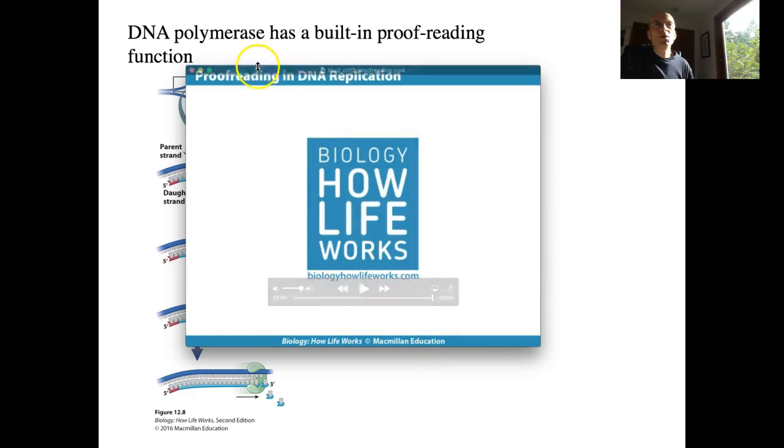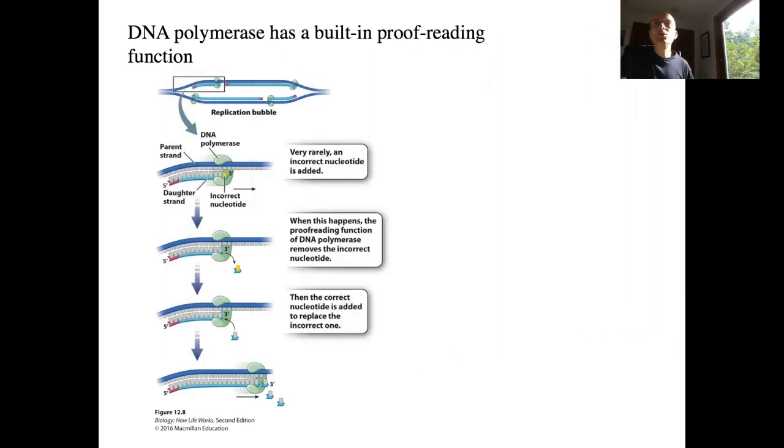So you heard her say the term exonuclease activity, right? That is when, in addition to its polymerase activity, it also uses exonuclease activity. Exo means cut out, away from, and nuclease means cutting DNA, so it cuts the DNA out.